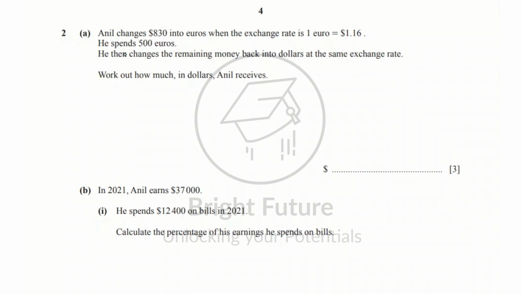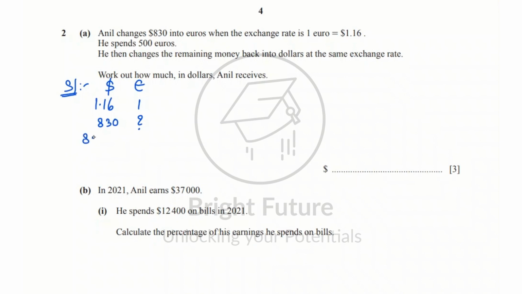So first step will be where we convert dollars into euros. So 1 euro is $1.16. So $830 will be how many euros? So we'll do the calculation.